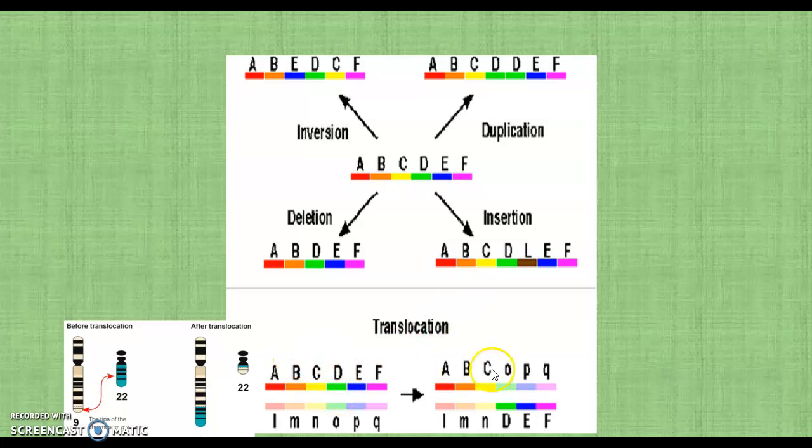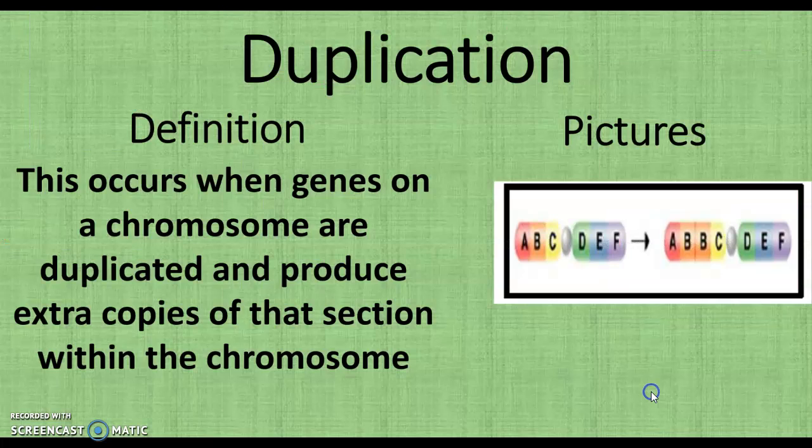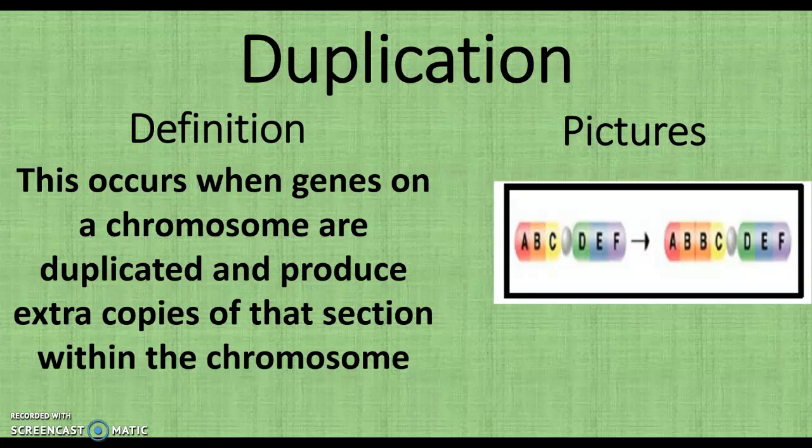And translocation is one piece of one chromosome attached to a piece of a different chromosome, so non-homologous chromosome pairs. And I have lots and lots of pictures for you to look at for these as examples of what these might end up looking like on an SOL test.